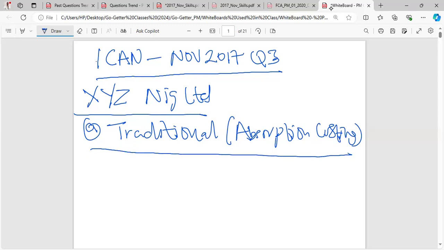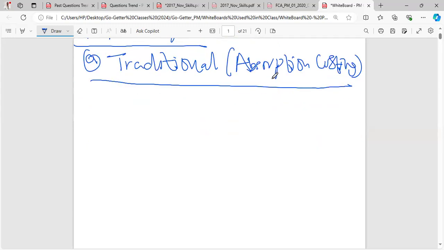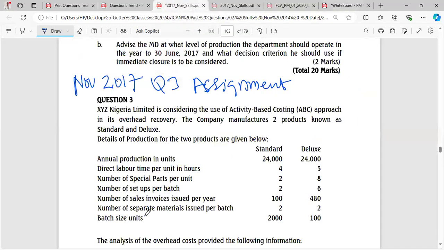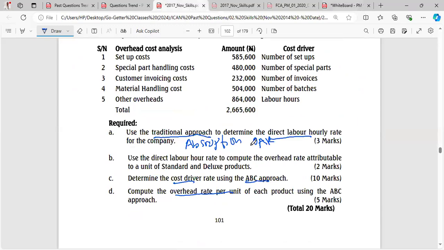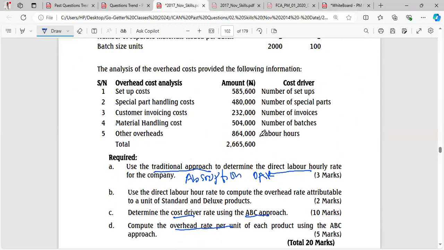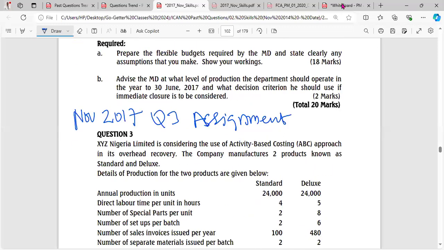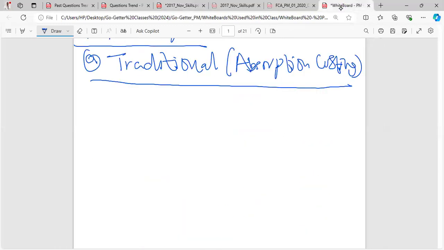This is what we are using to find what we are asked to look for: direct labor hourly rates for the company. So we are looking for direct labor hourly rates.